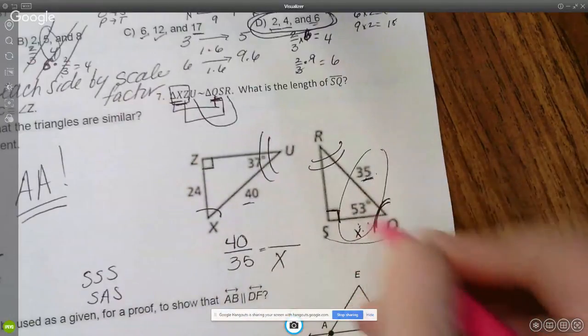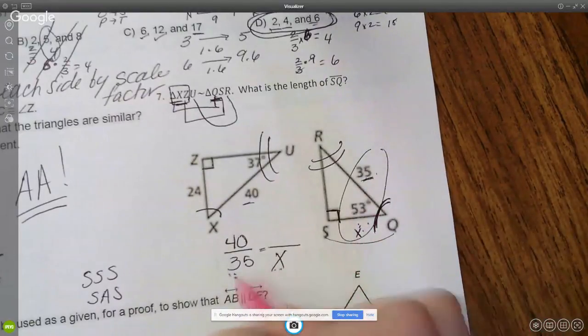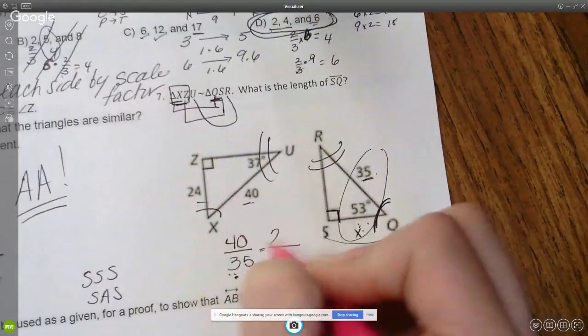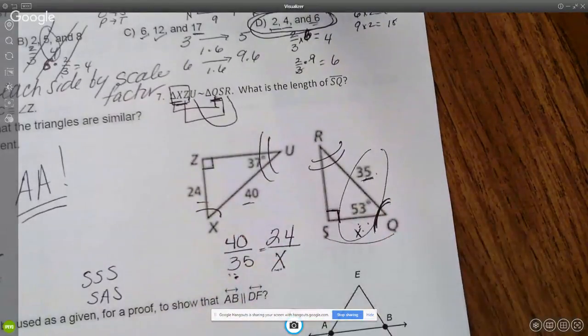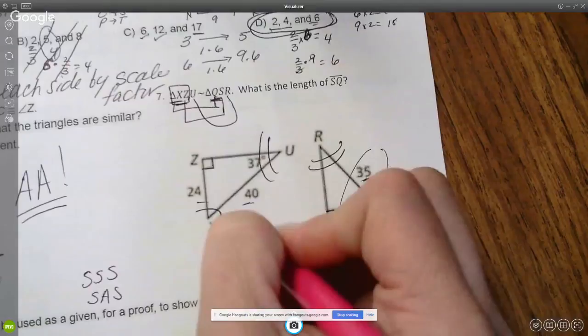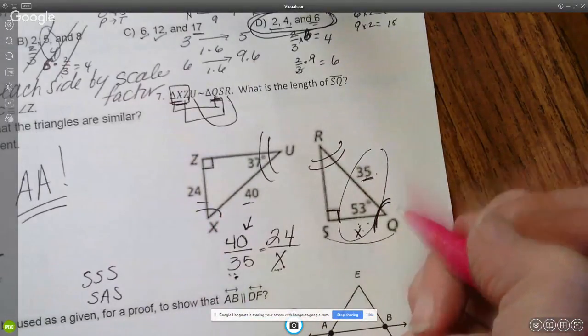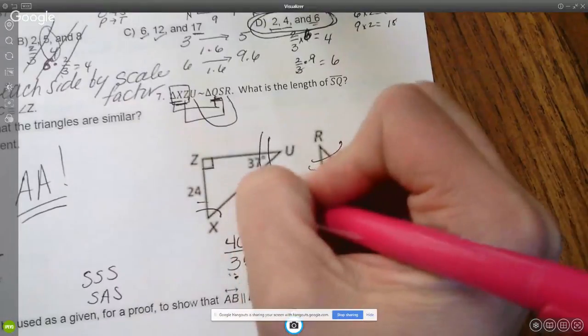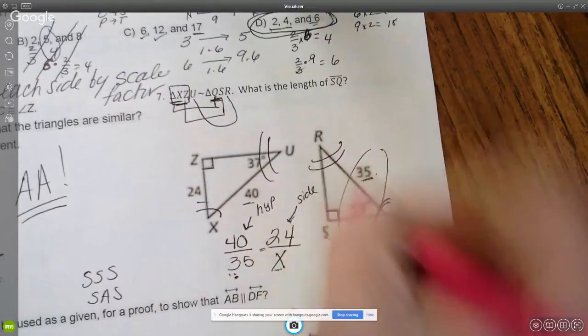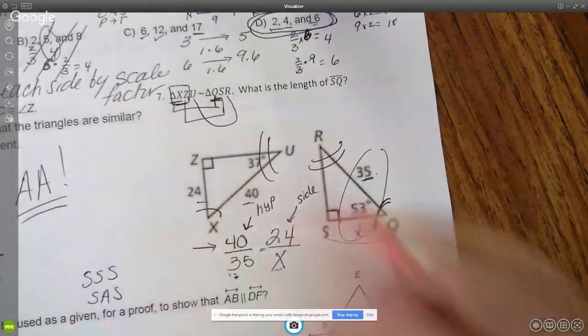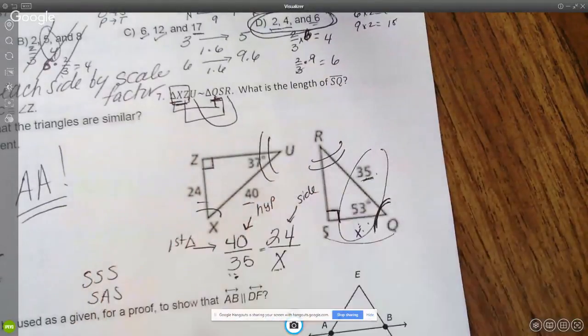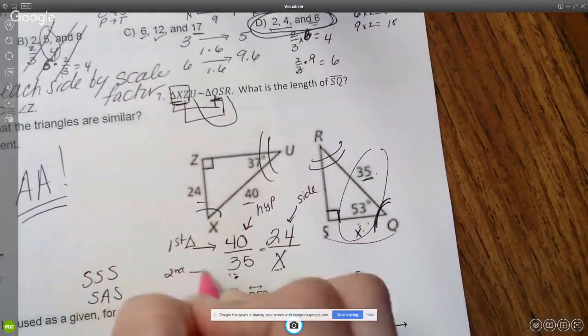The X and the 35, I put the 35 in the bottom, so the X has to go in the bottom, which means this 24 needs to go on the top. So basically, this right here represents the hypotenuse. This represents the side. This represents the first triangle, and this one represents the second triangle.